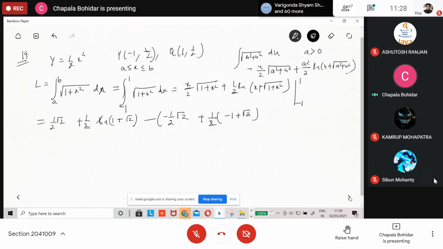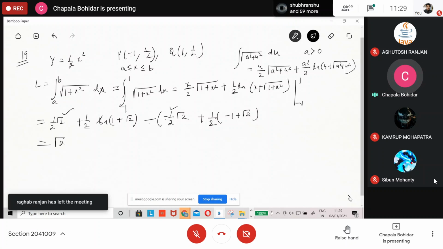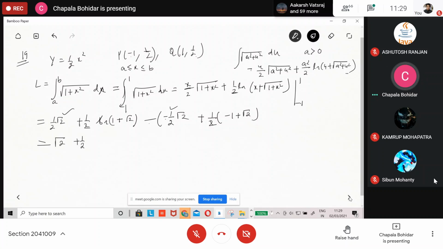Okay, so simplify. Here it is minus, minus, minus, plus, so I get only root 2. Then plus 1 by 2 ln of (1 plus root 2).